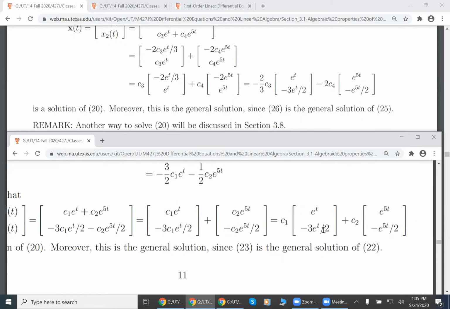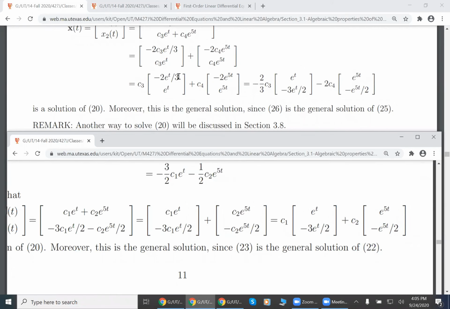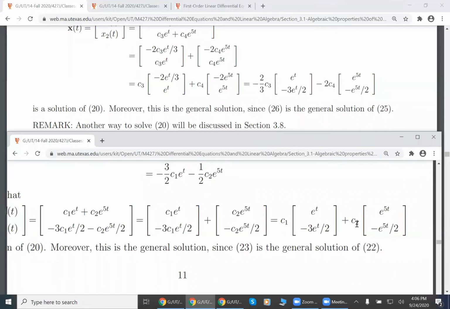Here, -3 divided by 2. Here, -2 divided by 3. However, if you factor out -2/3 here and -2 here, you will understand that both answers are correct. If we replace this by C1 and this by C2, we get the same formula.